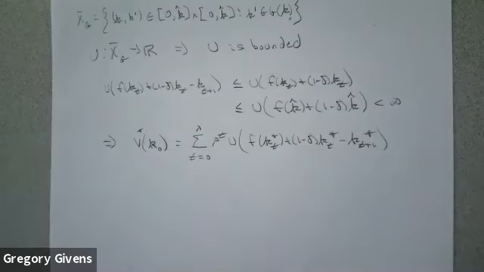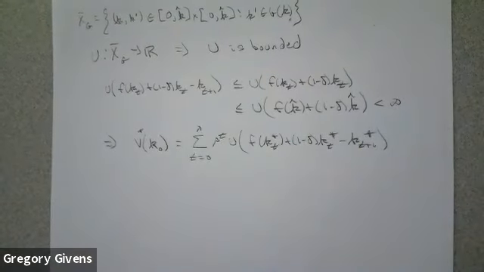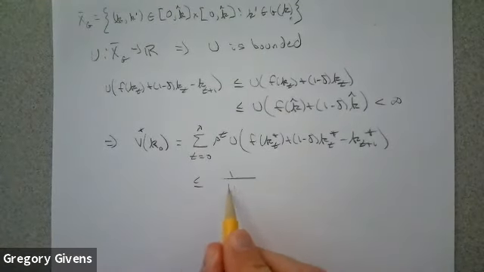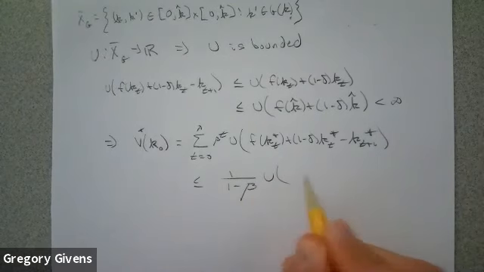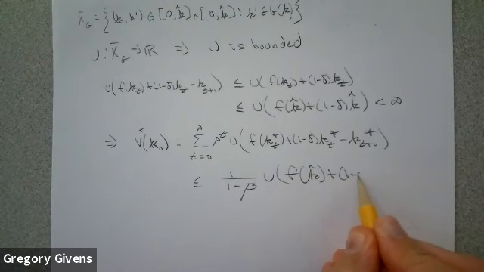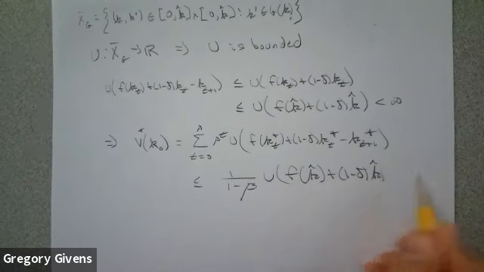The stars on k indicate an optimal sequence. We know that that has to be less than 1 over 1 minus beta u f k hat plus 1 minus delta k hat. And that's finite.